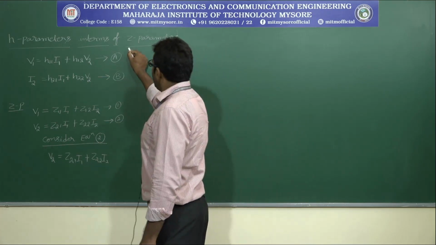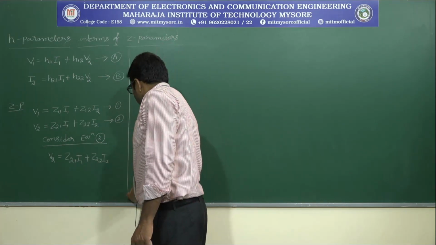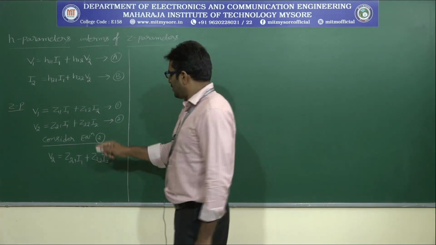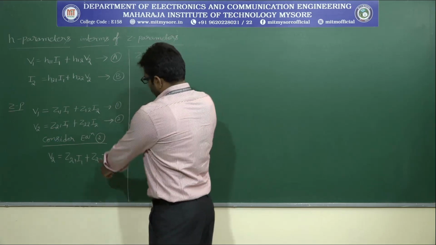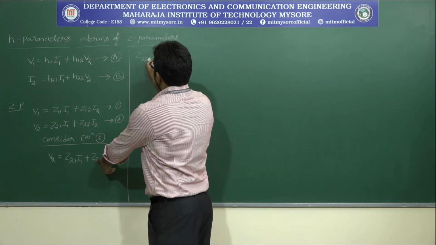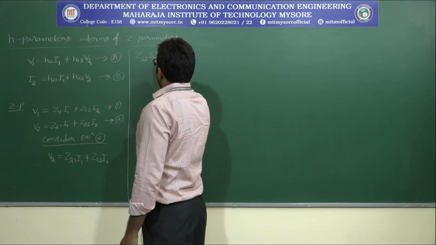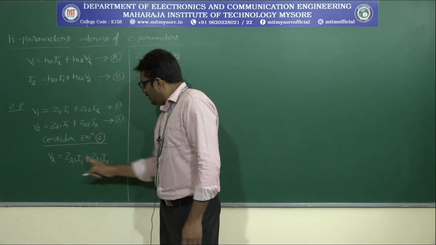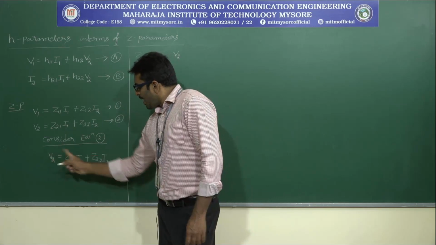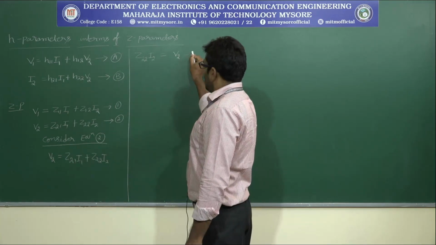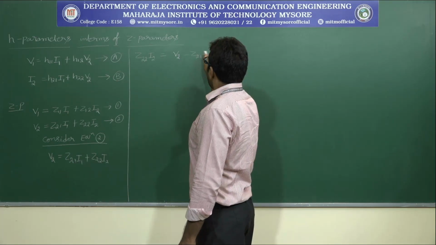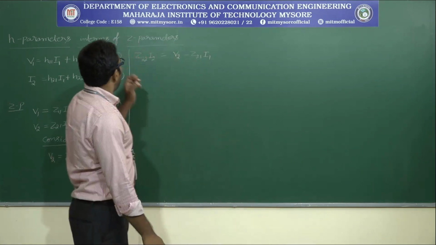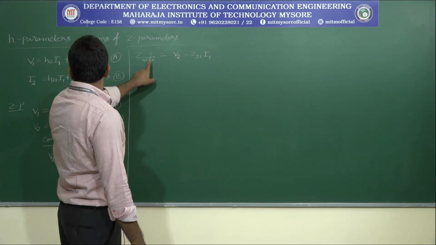Just rearrange this equation in order to get the expression for I2. Therefore, Z22 I2 is equal to V2 minus Z21 I1.